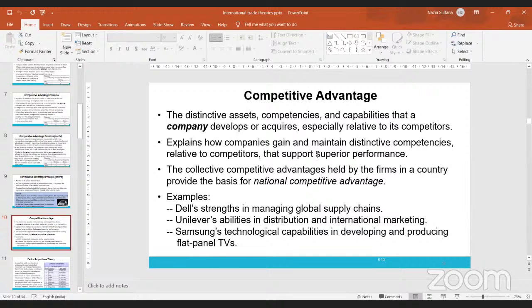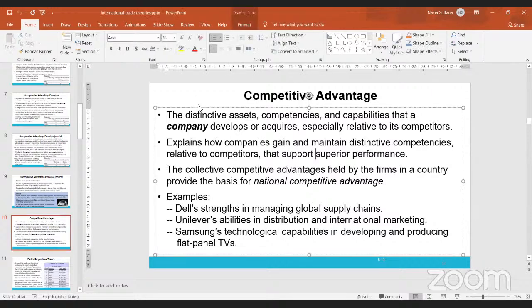You have examples of Dell, which has an advantage in supply chain. Unilever, HUL, has an advantage in international marketing and international distribution. Samsung has an advantage in technology, where they can make flat panel TVs. When you have these companies placed in their respective countries, they will give advantage to the US, to Korea, back to their own countries. So that way you are speaking of competitive advantage as a concept.